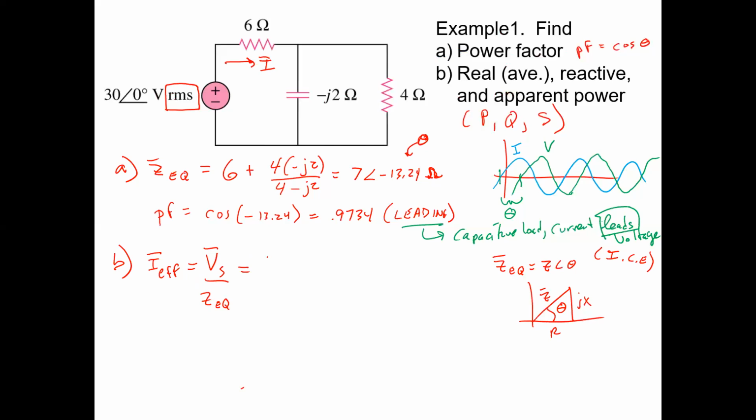So that's going to be 30 angle 0 over 7 angle minus 13.24. And that equals 4.286 angle 13.24. That's why you get a positive phase angle for current when it leads the voltage.